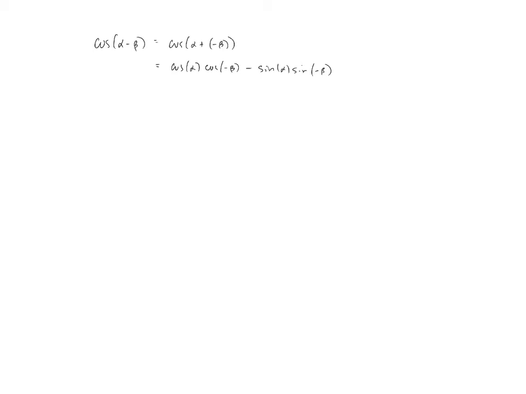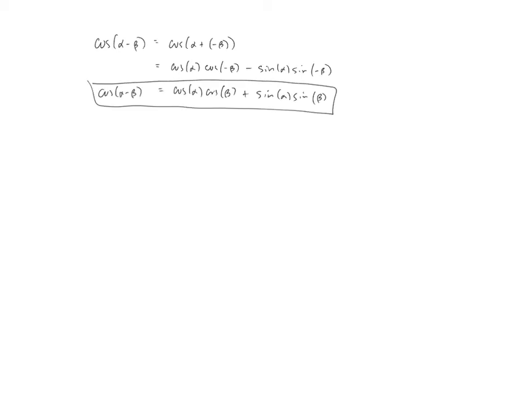Cosine is even, so the negative gets absorbed, or we don't pay attention to it. And then sine is odd, so the negative will have to come out in front. So for cosine of alpha minus beta, we have the identity now: cosine alpha cosine beta plus sine alpha sine beta. So a pretty easy one to come up with if we already have cosine of a sum.